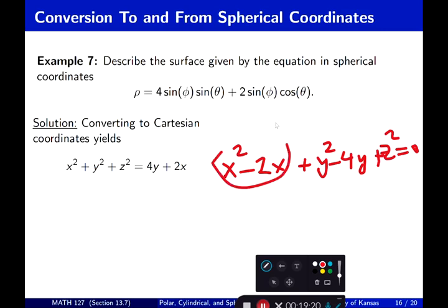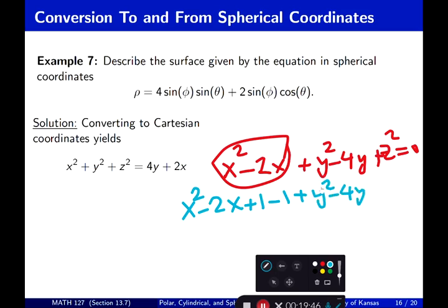If you complete the square, you will get x squared minus 2x, and half of the negative 2 to the power 2 added, that's 1, subtracted, y squared minus 4y, half of negative 4, which is 2 to the power 2, which is 4, minus 4 plus z squared equal to 0.